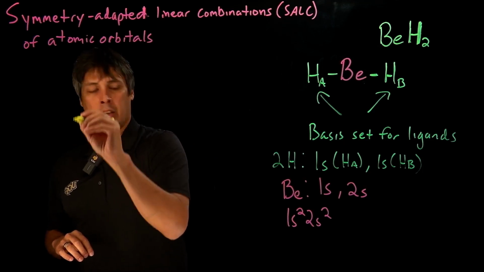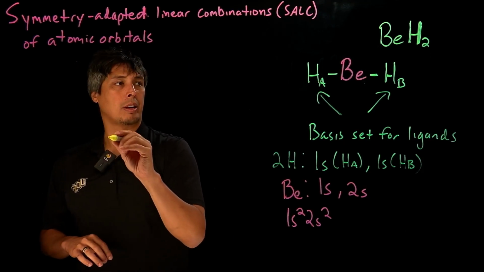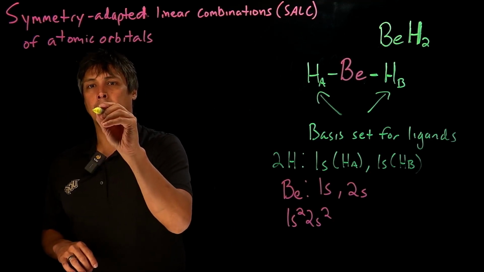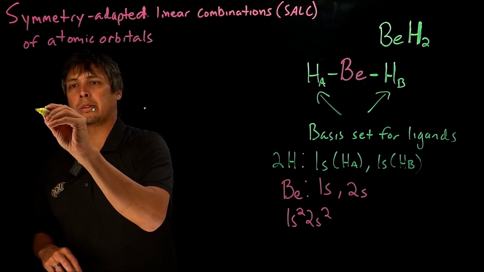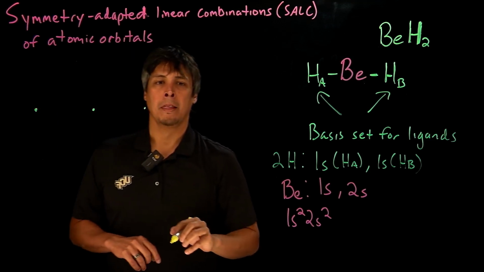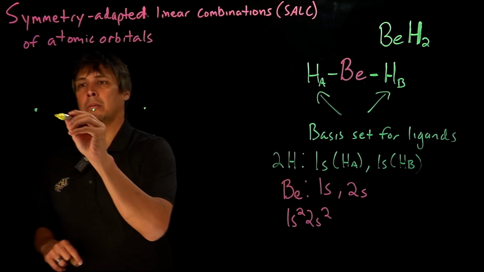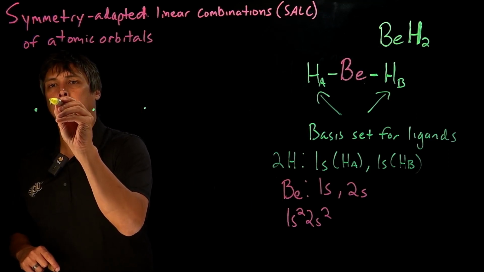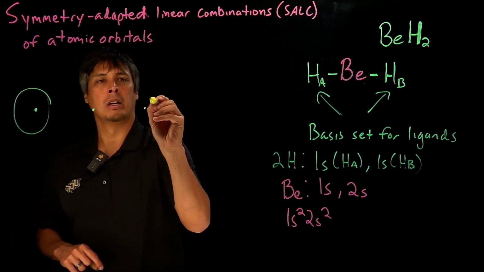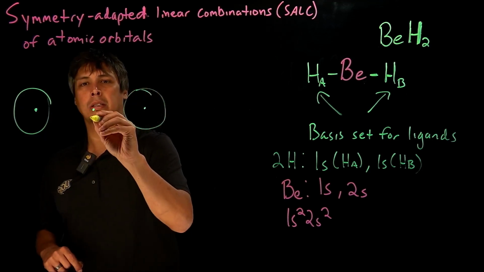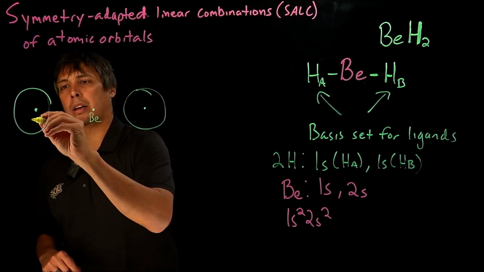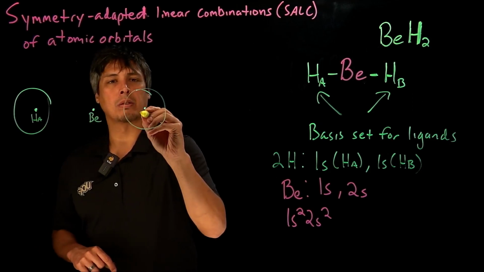So for now, what we want to think about is if we have two 1s orbitals, right? So let's say this is the nucleus of the beryllium, and this is the nucleus of hydrogen A and hydrogen B, okay? And we know what the 1s orbital looks like, and we can put them, quote unquote, in phase, or having the same phase as each other. So this is the nucleus for the beryllium atom, this is for HA, and this is for HB.